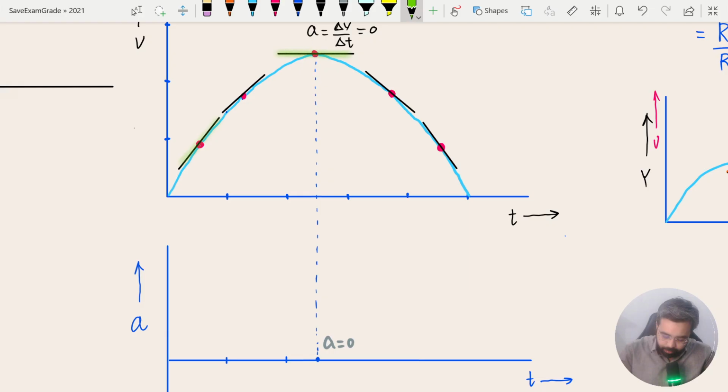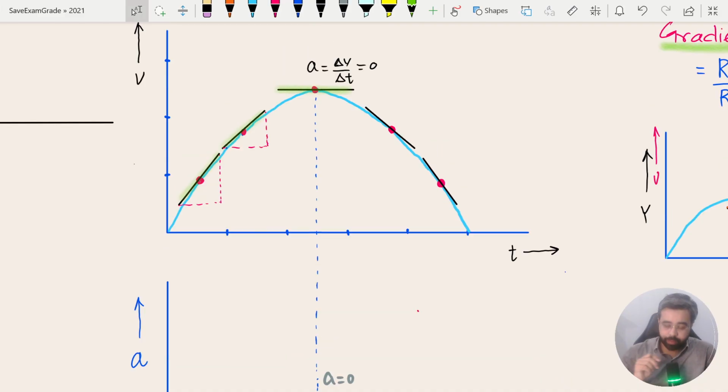Here the line steepness is decreasing, which means that the gradient of this graph will decrease. So we can say from this point to the maximum point, velocity is increasing, but the rate of increase of velocity, delta v over delta t, which is acceleration, is decreasing.